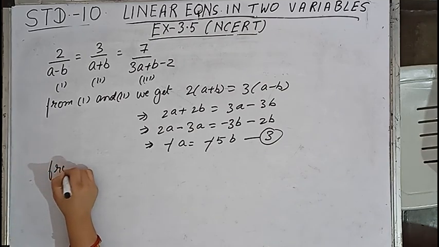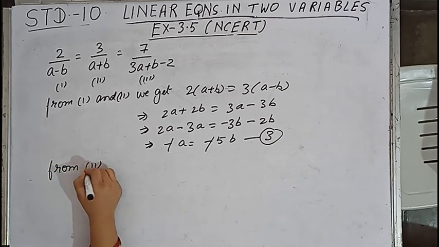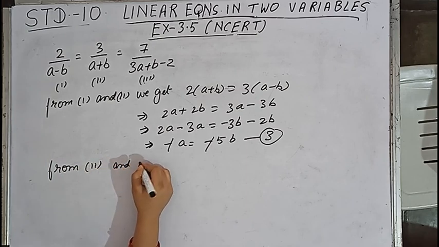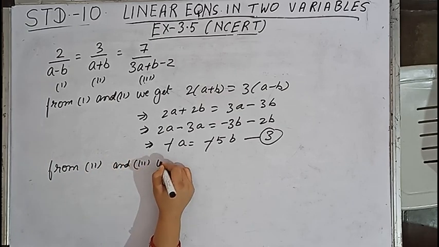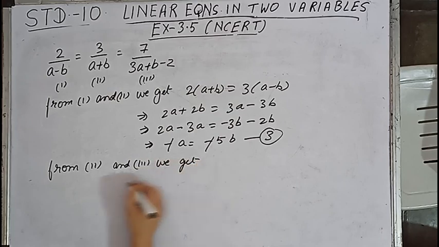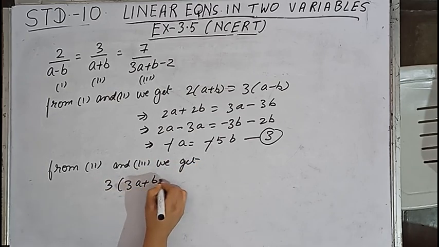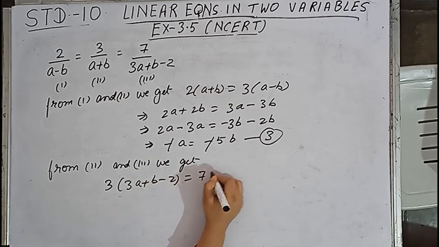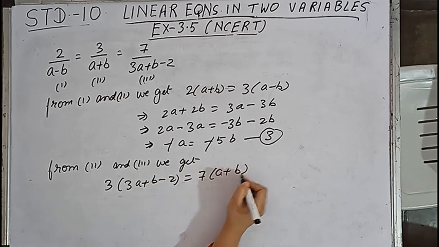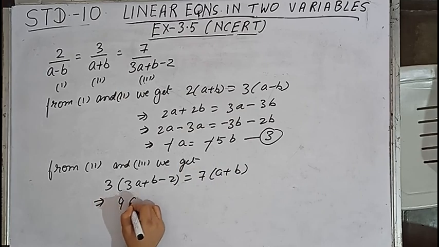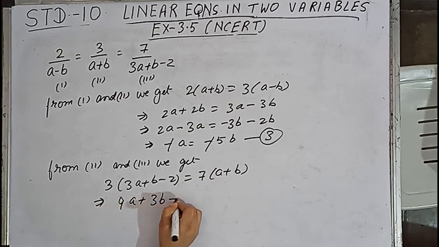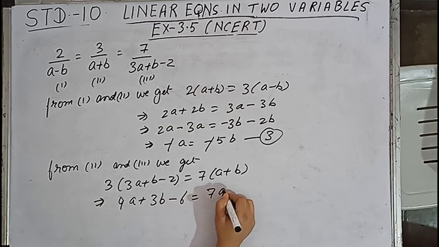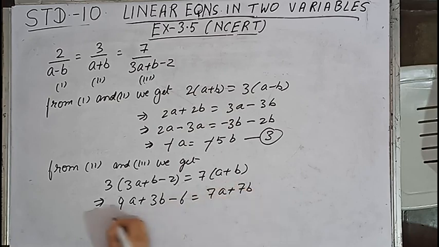Now from 2 and 3 we get 3(3a + b - 2) = 7(a + b). This implies 9a + 3b - 6 = 7a + 7b.